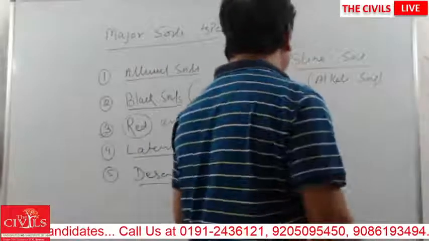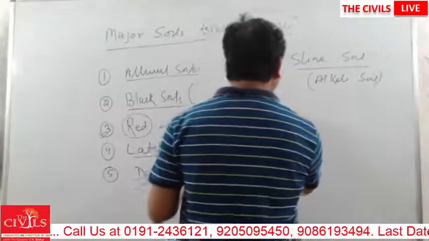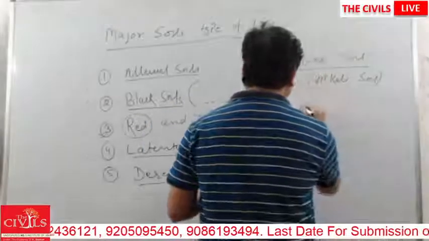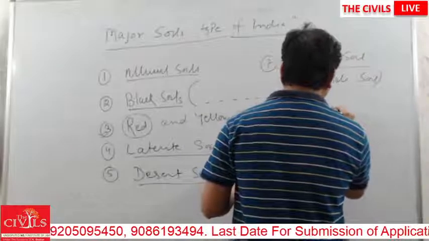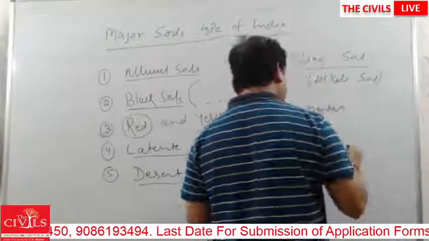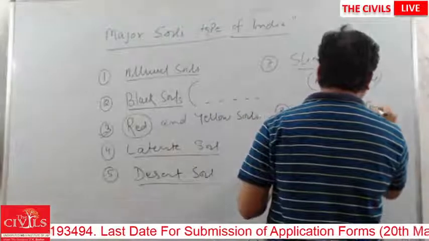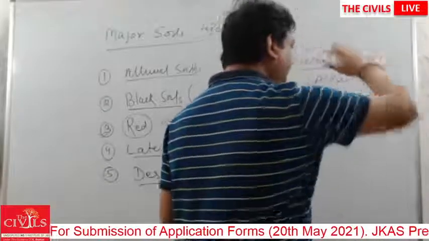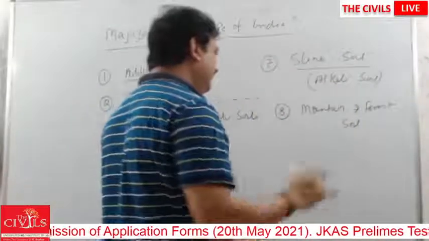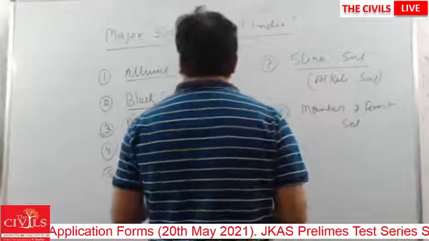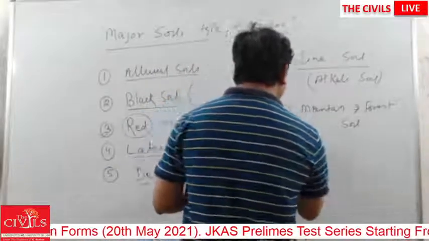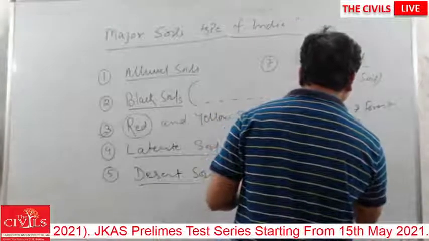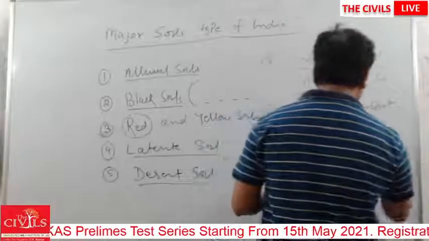Okay. Very good. Number 8 is mountain or forest soil. This is a special type of soil found on the slope of mountain. And the last is peaty soil or marshy soil.